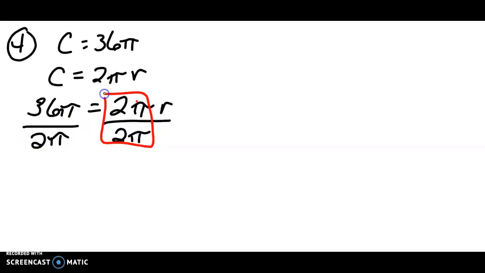And here's our form of 1, so what will remain is radius. Over here I have a form of 1, and then 36 divided by 2 is going to give me 18. So the radius for this circle is 18.